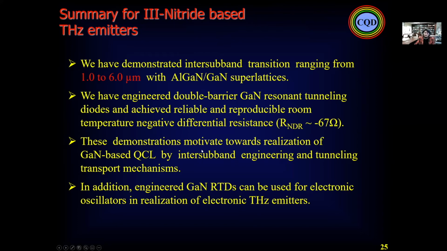This demonstration motivates the realization of gallium nitride based QCLs by intersubband engineering and tunneling transport mechanisms. In addition, the engineered gallium nitride RTD can be used for electronic oscillators in the realization of an electronic terahertz emitter. That is a very hot subject, and the Japanese are working a lot on that, but that is the future.